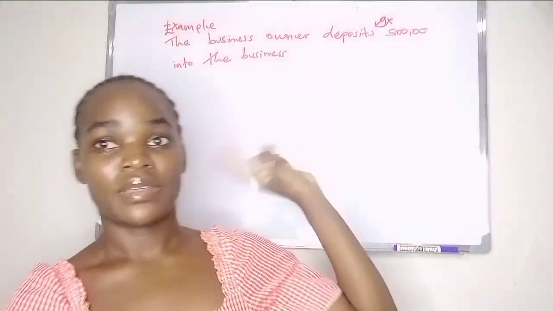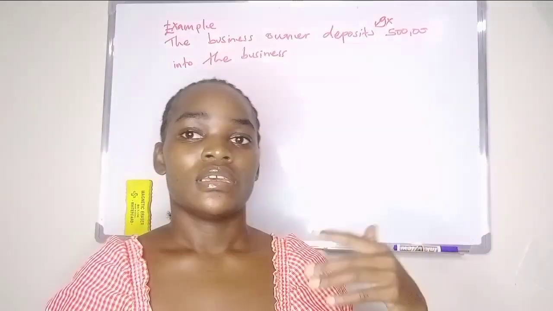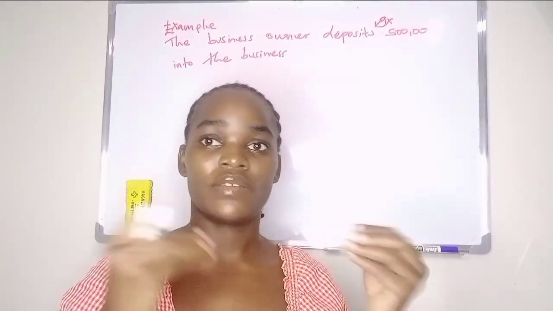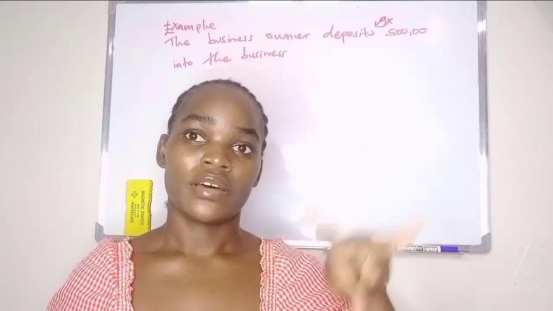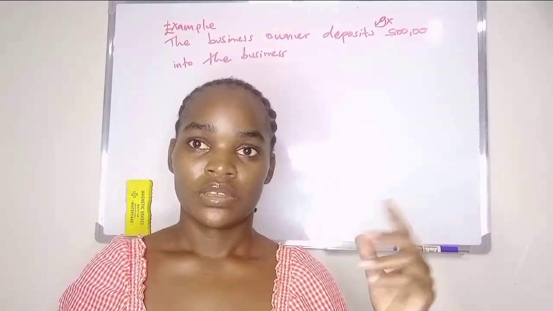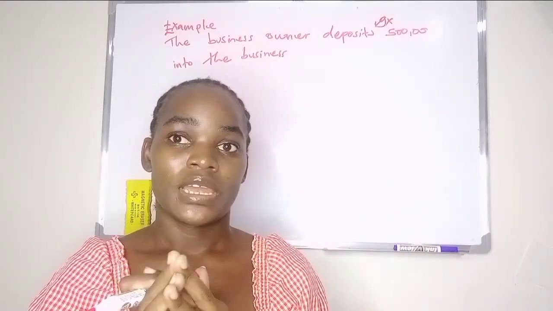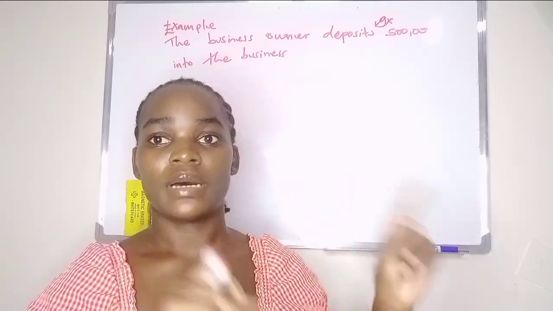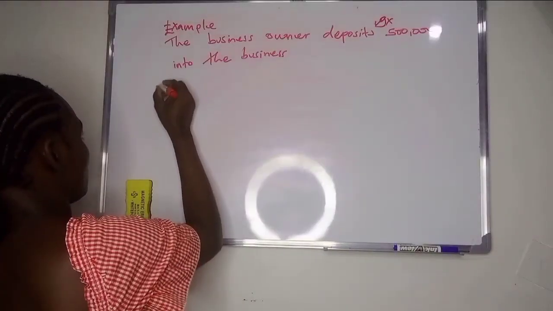So first we have the bank account, then into the business, like invested the 500 into the business. That is capital. So we are having bank and then capital. Those are the two accounts that we are going to have. In case we are to prepare T accounts, you are going to have the bank account and then the capital account.